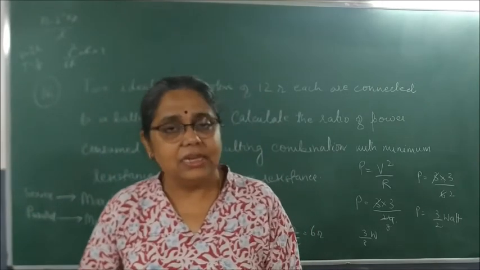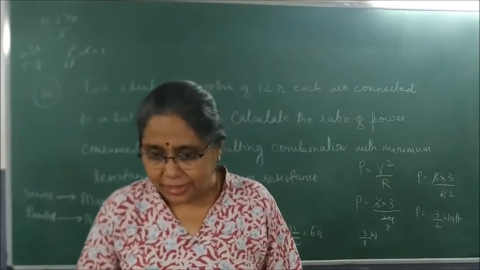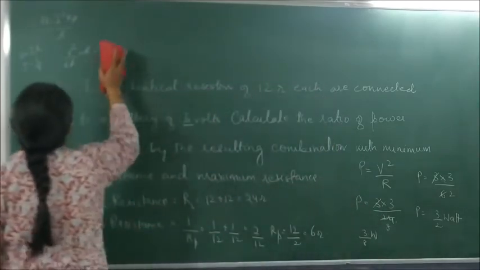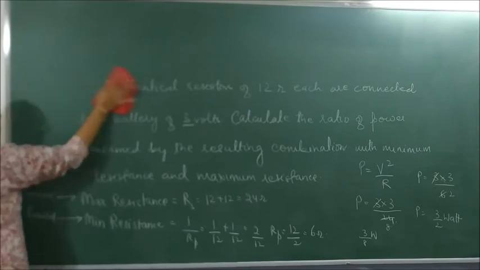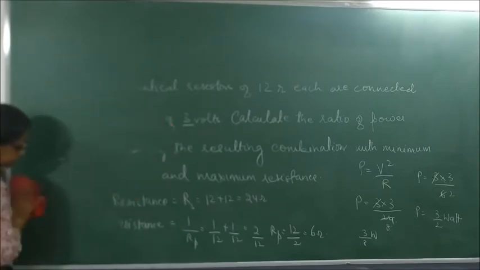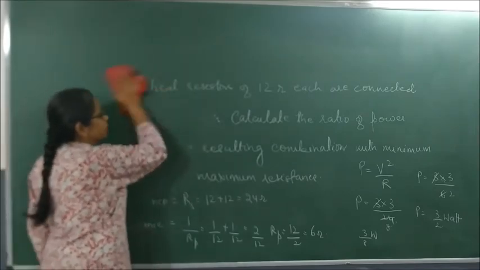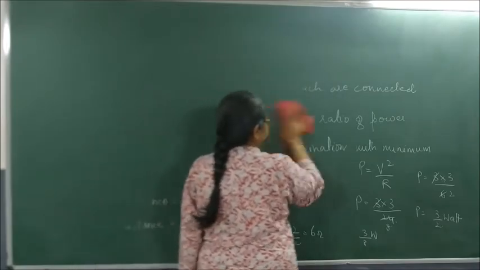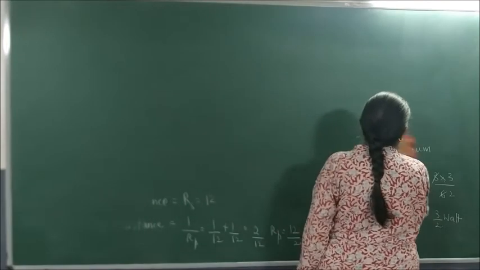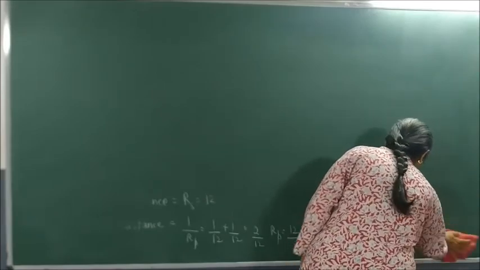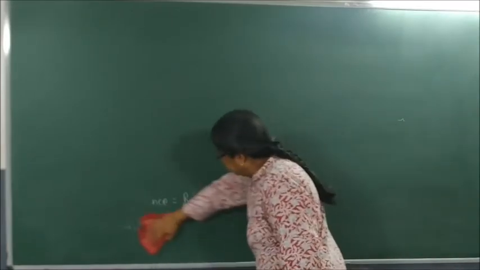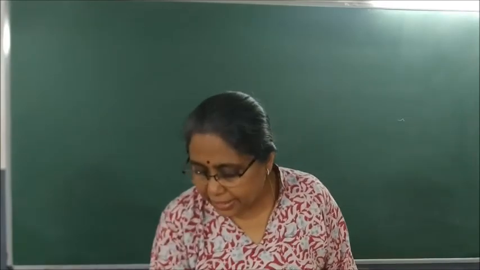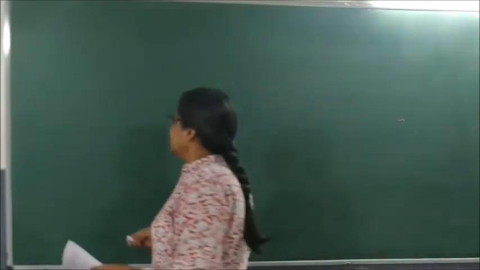Now the next internal choice question is in the same. So you write it as the next question. They have asked from here about resistivity. So the next question is a derivation. This is the 17th question.